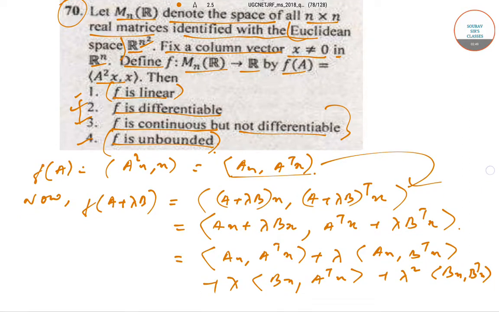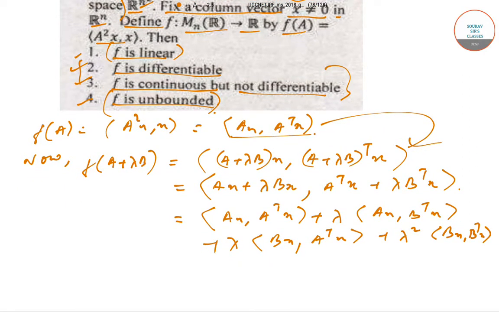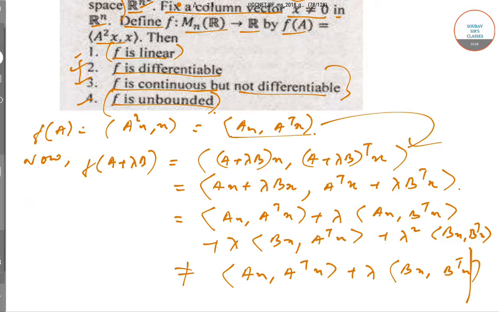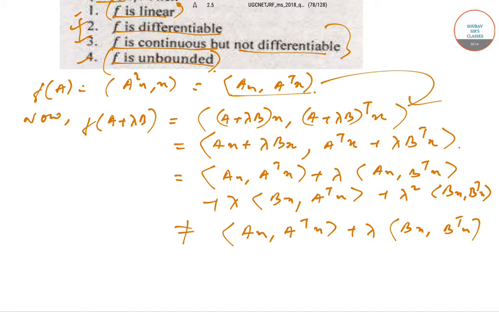So as you can now see, this is not equal to inner product ax comma a transpose x plus lambda into bx comma b transpose x. And we know that ax comma a transpose x is nothing but f of a, and bx comma b transpose x is nothing but f of b.